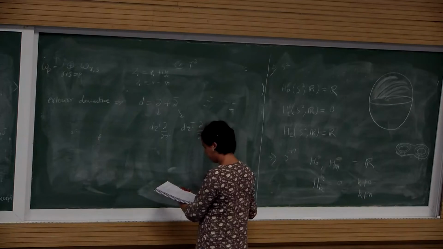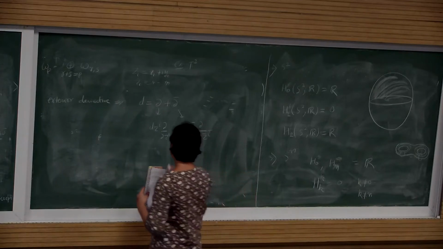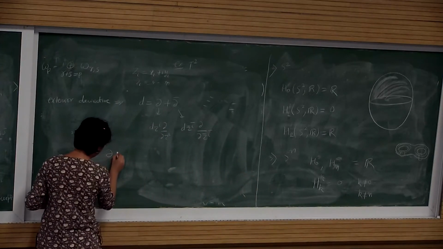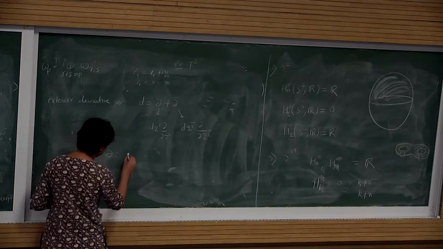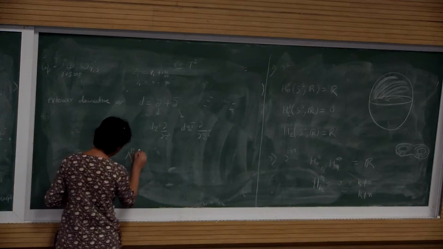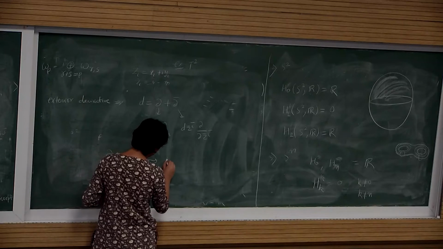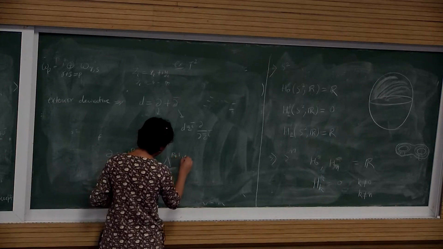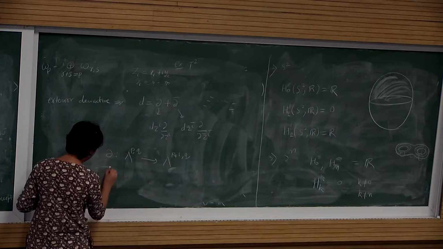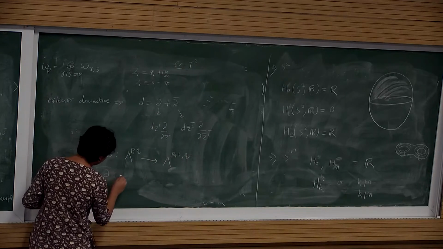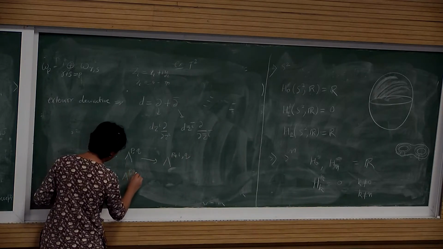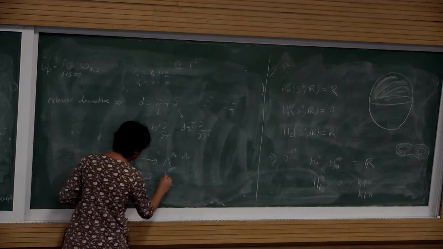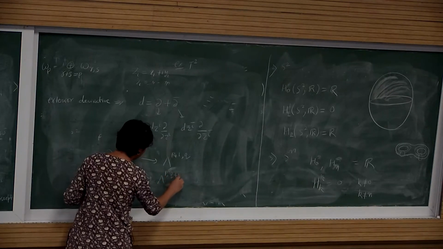Okay. So you can guess that this del takes a P,Q form to a P+1,Q form, and del bar takes a P,Q form to a P,Q+1 form.